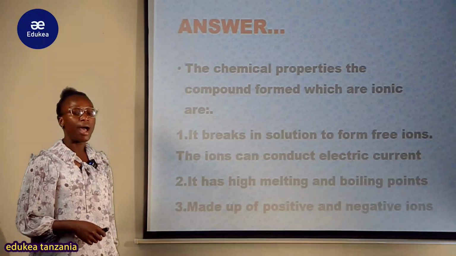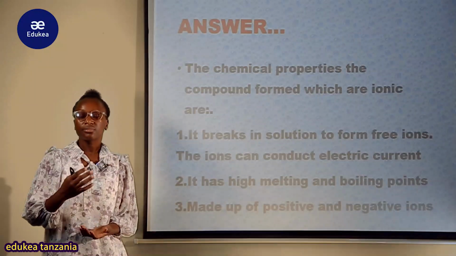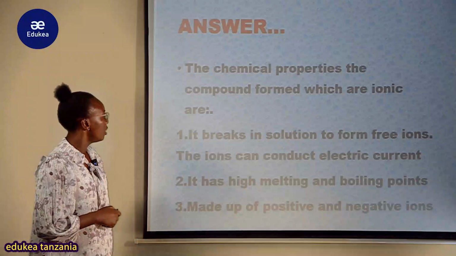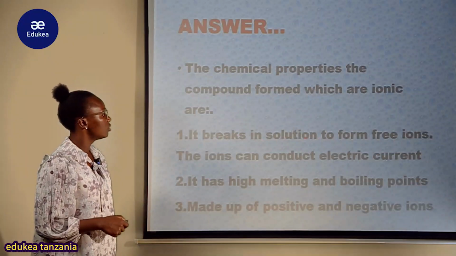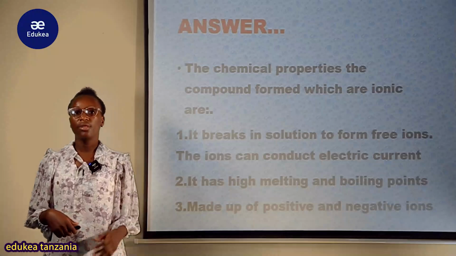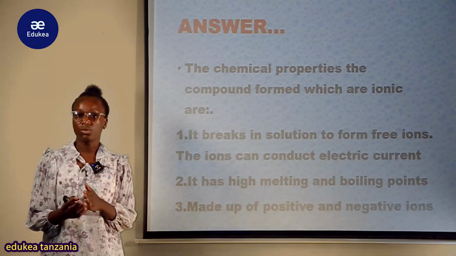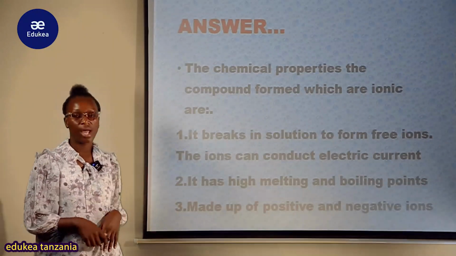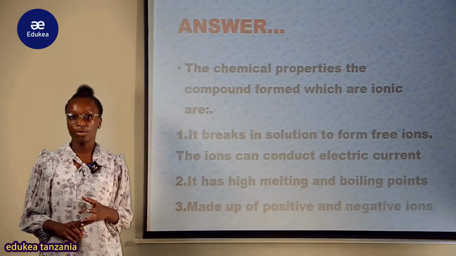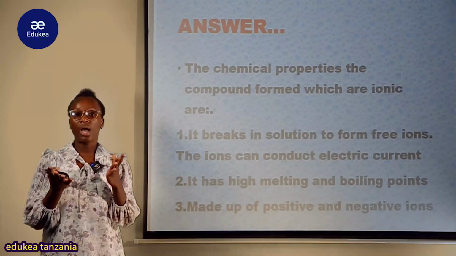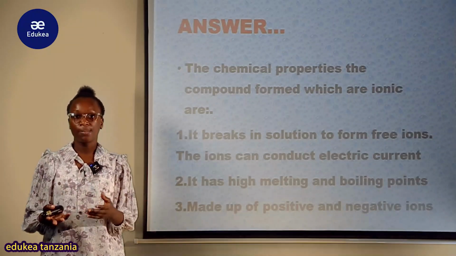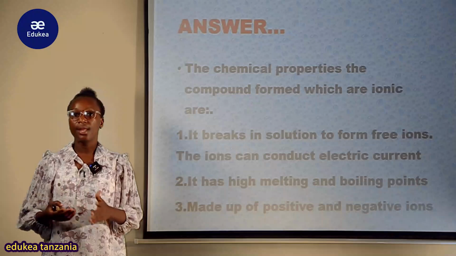For instance, hapa tunapass through those characteristics of electrovalent bond or ionic bond. Therefore, it breaks in solution to form free ions, kwamba this compound ambayo imekuwa formed inabreak into ions kutengeneza hizi free ions. Therefore utakuwa na positive charged ion and negative charged ion, kwa sababu ni compound ambayo imekuwa formed kwa kuhusisha metal and non-metal.